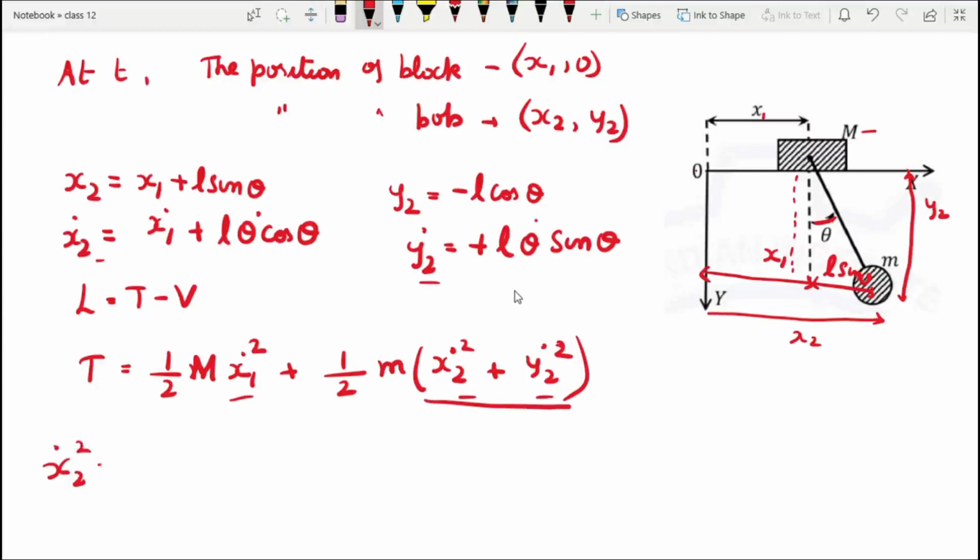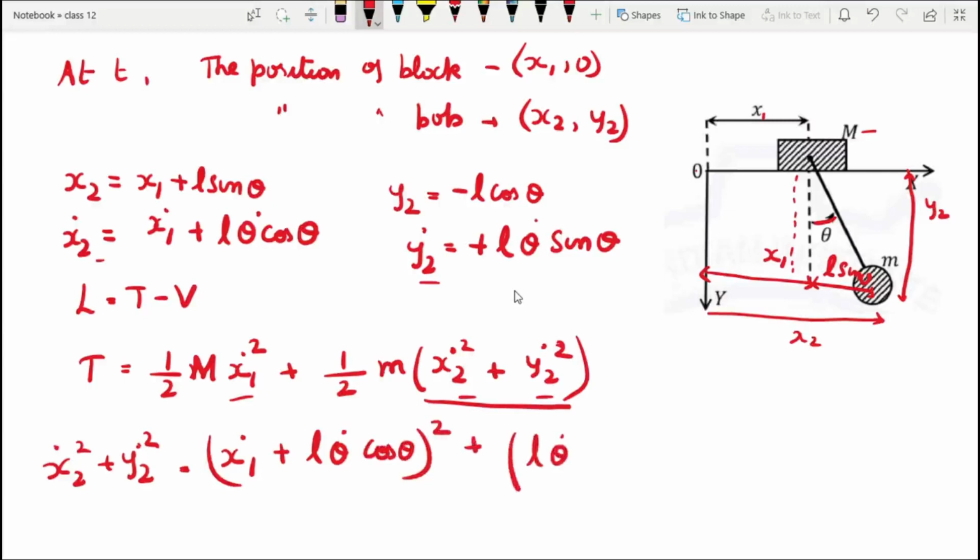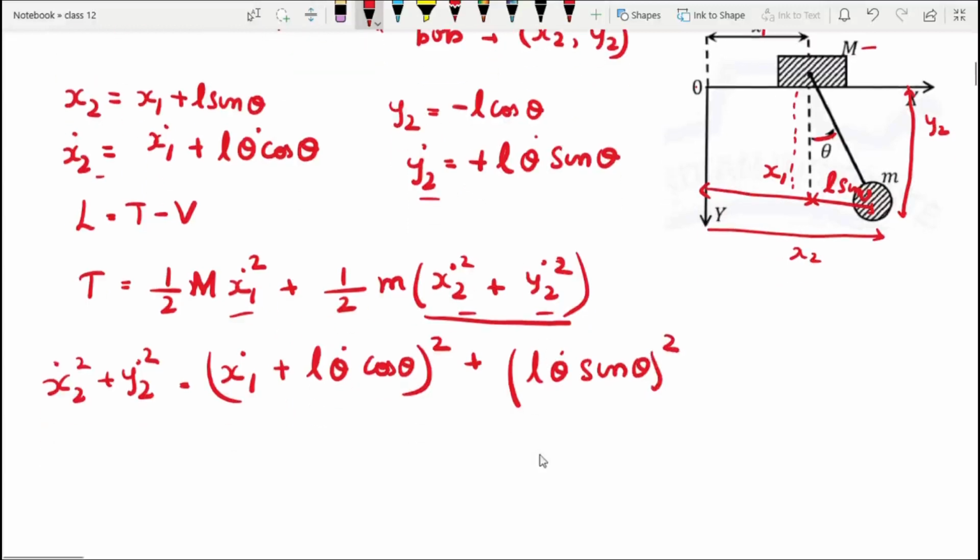x2 dot square plus y2 dot square is equal to x1 dot plus L theta dot cos theta, the whole square, plus L theta dot sin theta, the whole square. By expanding it and simplifying it, we will be getting x1 dot square plus L square theta dot square plus 2 times L x1 dot theta dot cos theta.